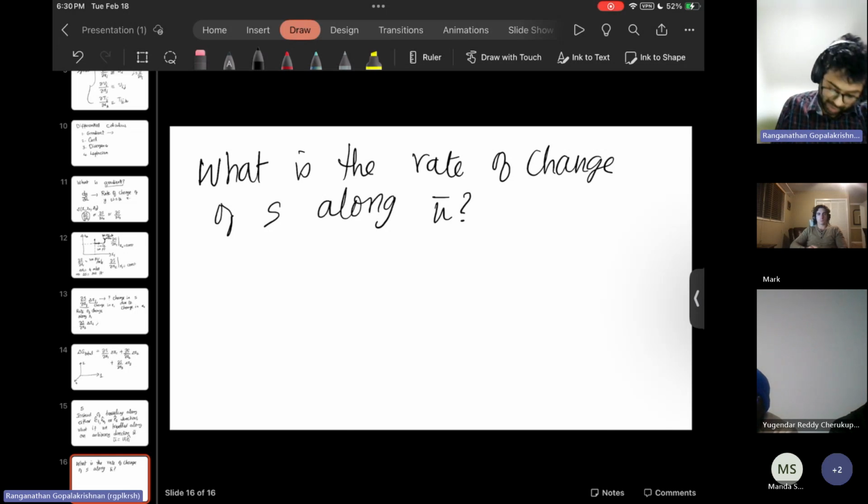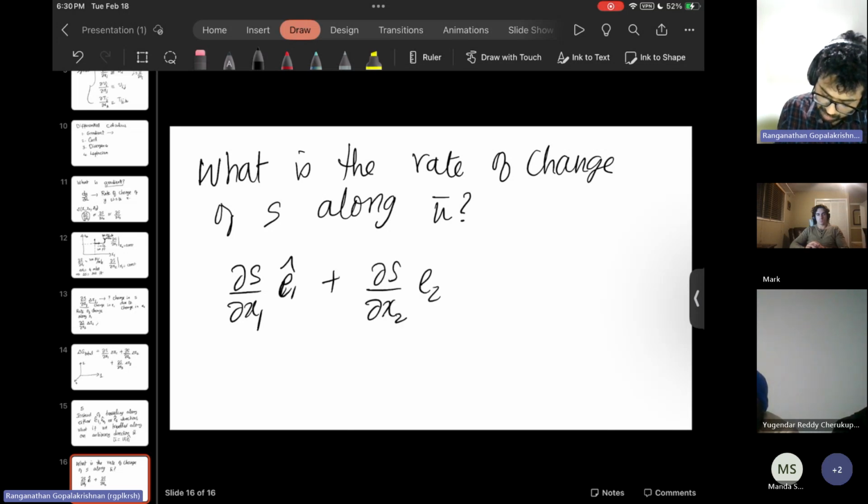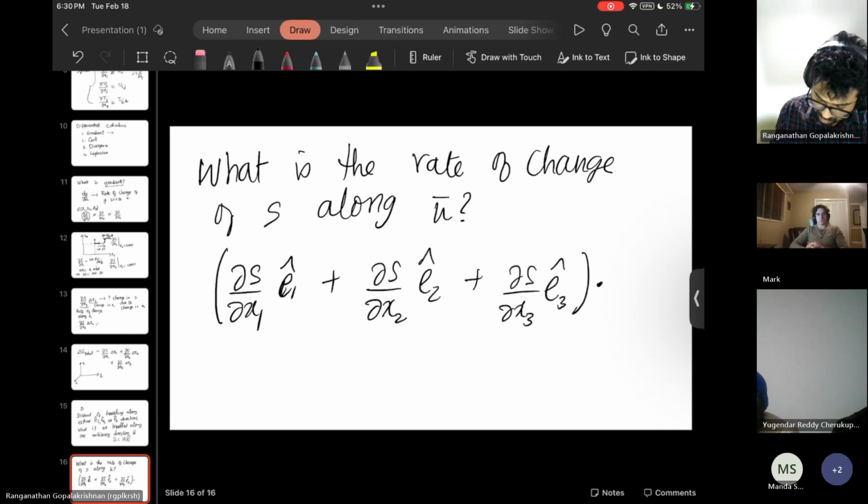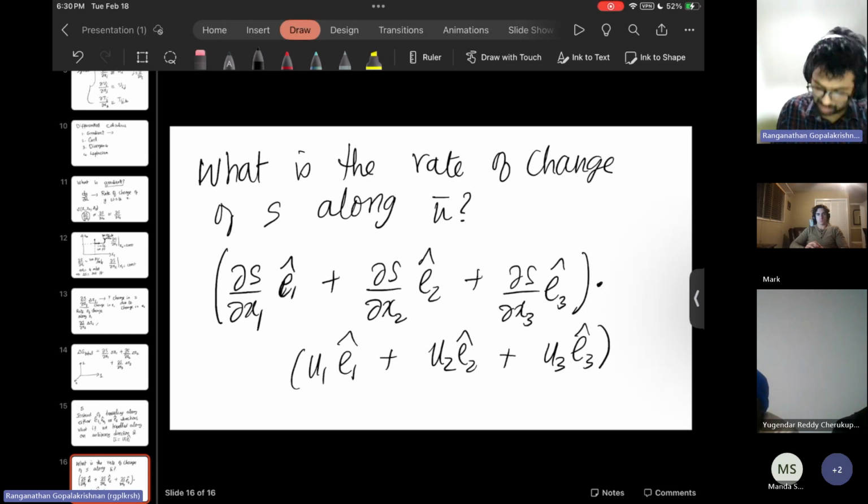So if I write partial S over partial x1 multiplied by E1 plus partial S over partial x2 multiplied by E2 plus partial S over partial x3 multiplied by E3, dot U1 E1 plus U2 E2 plus U3 E3.